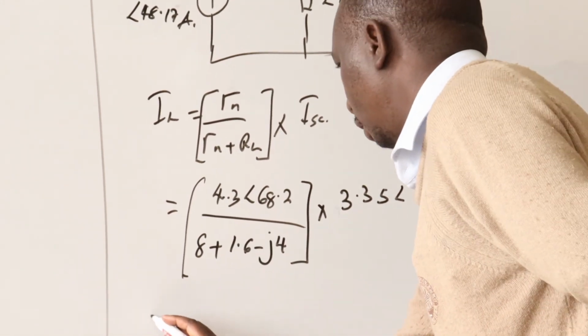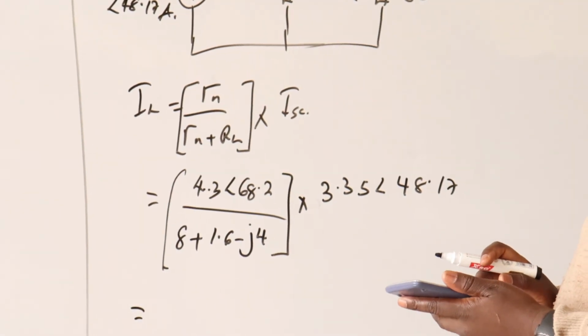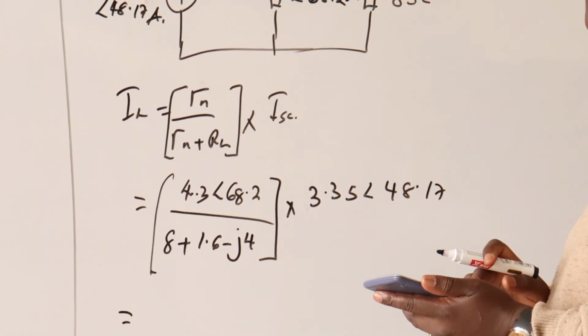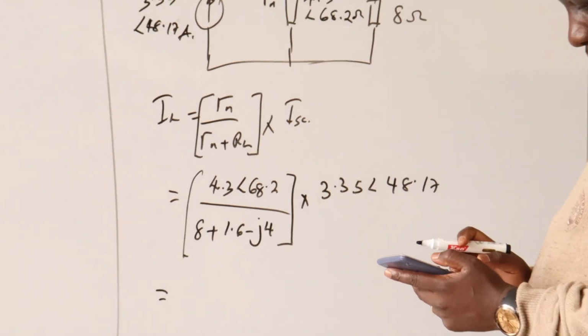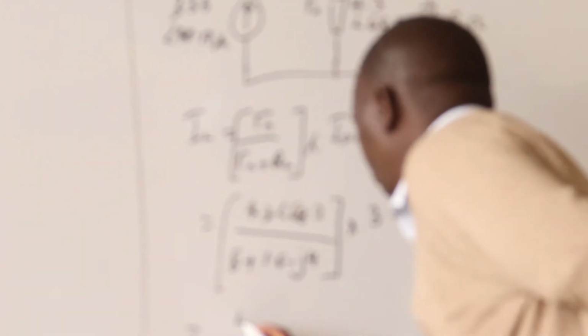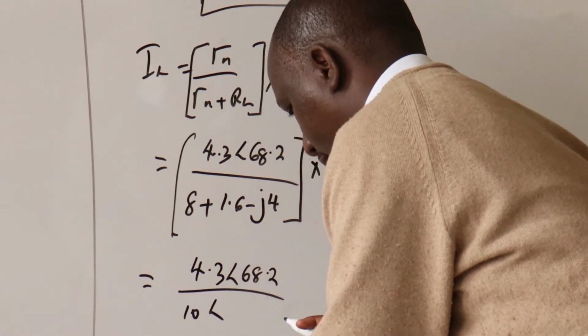Convert this into polar, so that we have 4.3, the angle is 68.2, over 10, the angle is minus 22.62.